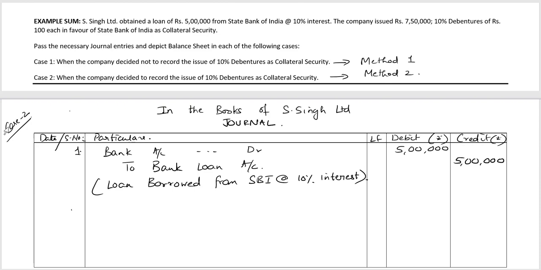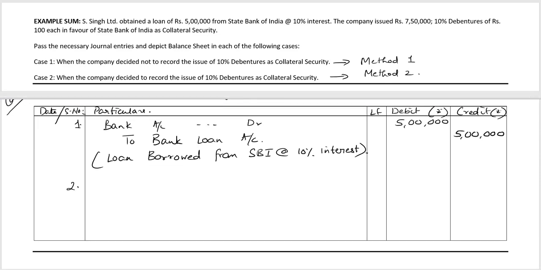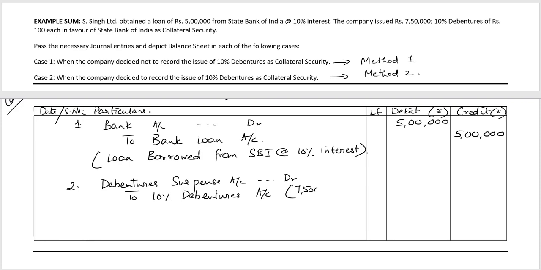Now in the second method, we need to pass a journal entry for the issue of debentures as collateral security. The journal entry is debenture suspense account debit to 10% debentures account. The amount is 7,500 debentures multiplied by rupees 100, the face value, amounts to 7,50,000 rupees.